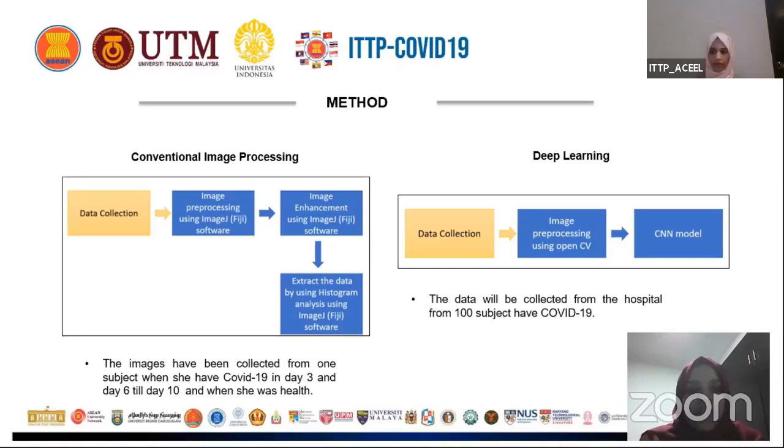After that, we did image pre-processing using ImageJ, which is open source software that includes powerful libraries for image processing. Then we did image enhancement using the same software. After that, we extracted the data using histogram analysis, and we use this data to differentiate between images of COVID-19 and a normal subject.